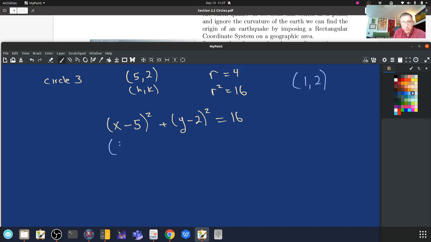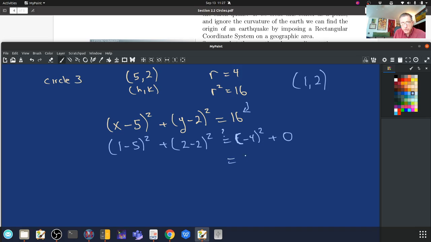So I put in 1 minus 5 squared plus 2 minus 2 squared. What is that equal to? We want to see if it's equal to 16. Well, 1 minus 5 is minus 4 squared, and 2 minus 2 is 0 squared, which is 0.